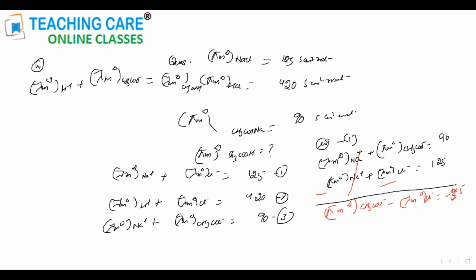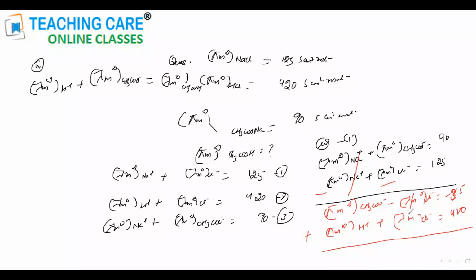Now add this to the second equation. When we add the second equation, the molar conductivity of H plus ion plus the molar conductivity of Cl minus ion is 420.